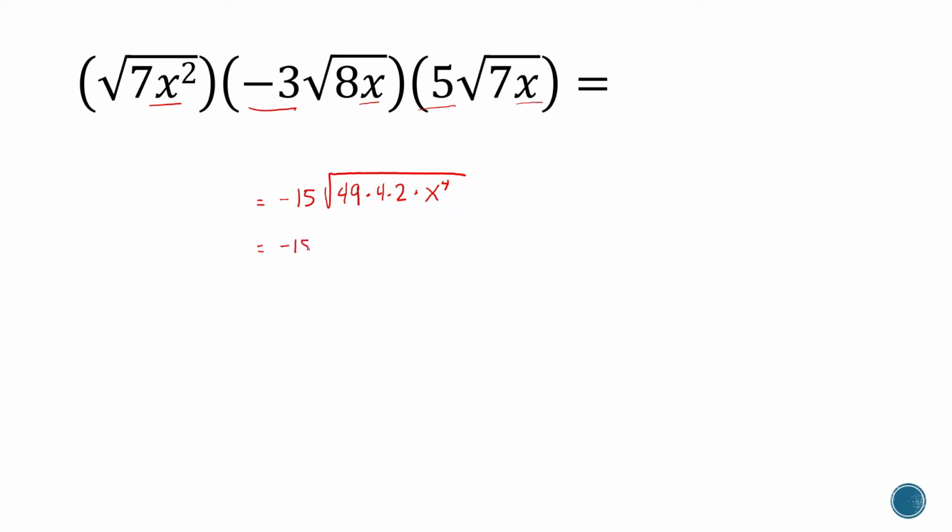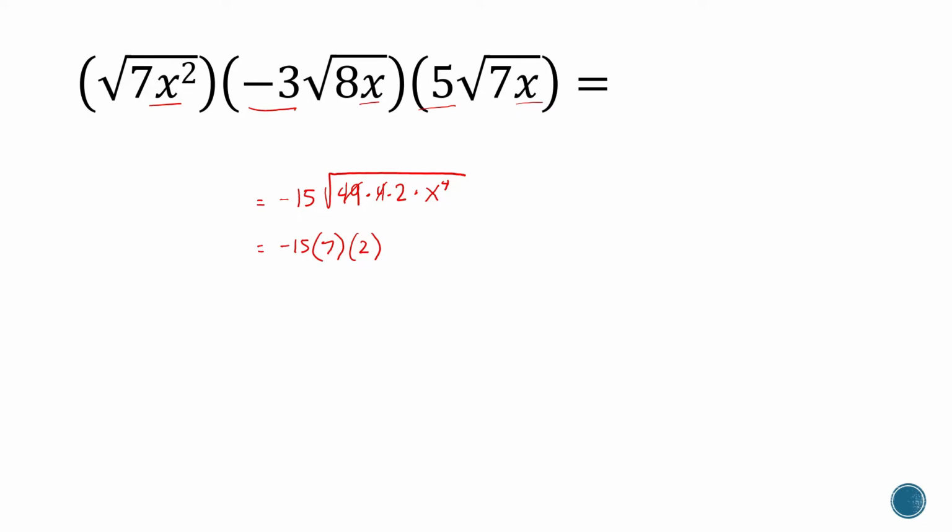So negative 15 times square root of 49 is 7. Square root of 4 is positive 2. Square root of, before I forget, I need to simplify that, or you need to find the square root of x raised to 4. For x raised to 4, you just divide the exponent by the index, which is 2.